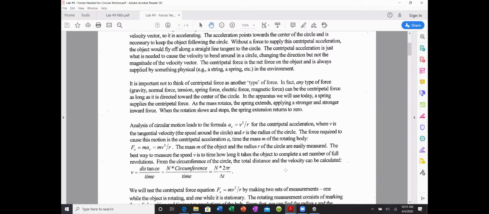And the object, r is the radius of the circle, v is the velocity or tangential velocity with which the object moves around the circle. We're going to do uniform circular motion, so it'll be a steady speed all the way around, or nearly steady. Ideally, it'd be a steady, constant speed the whole time.